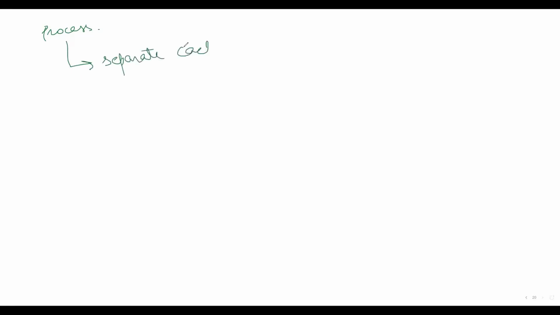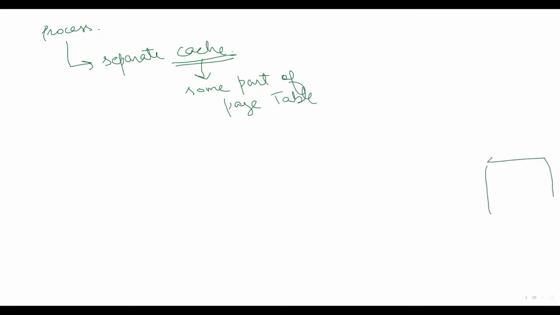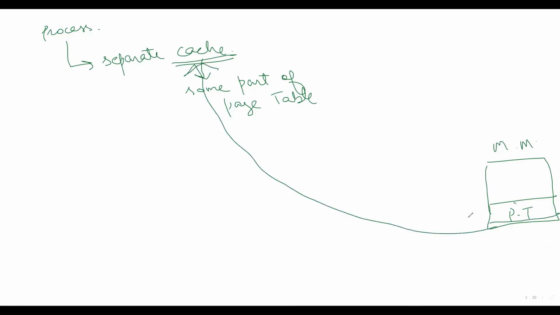That is a very small cache. In this particular cache, we will store some part of the page table. In reality, the page table is stored in main memory, but some part of this page table is stored in this cache. Which part? We want to store that part which is accessed most of the time.